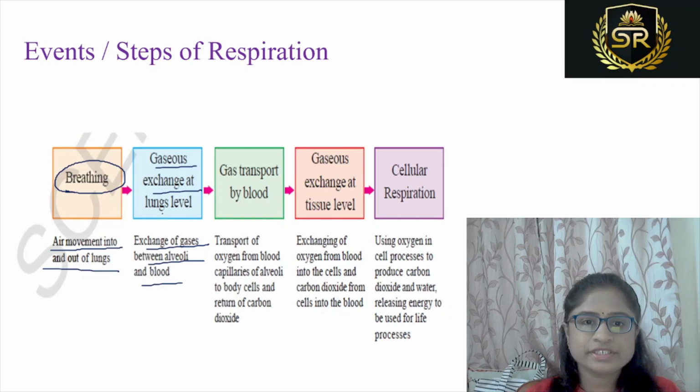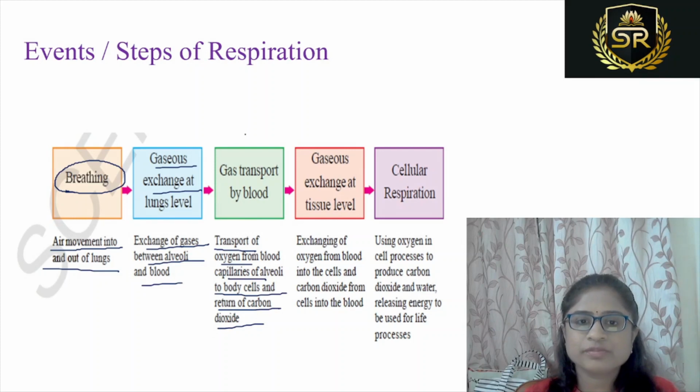So gaseous exchange at the lungs level takes place, and in the next step there is gas transport by blood. Whatever oxygen was given from the alveoli into the blood capillaries gets mixed with the hemoglobin. That is transport of oxygen from blood capillaries of alveoli to body cells and return of the carbon dioxide.